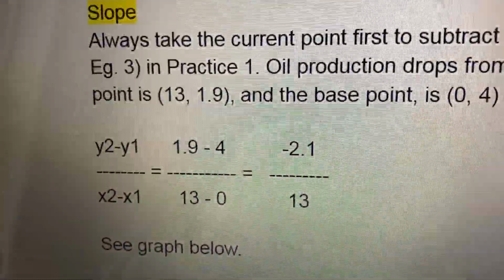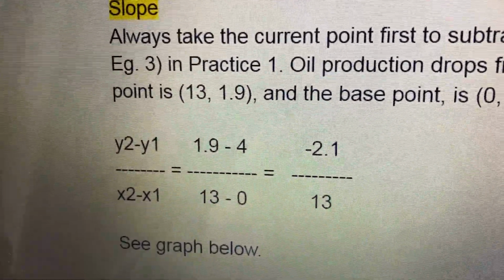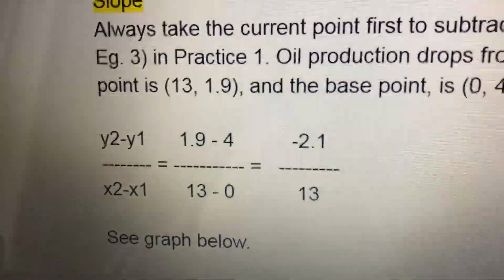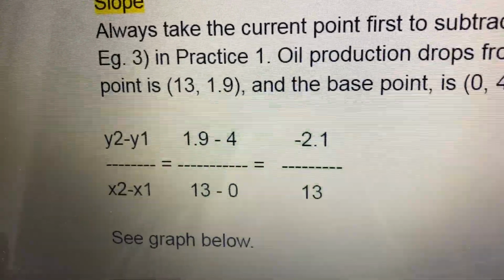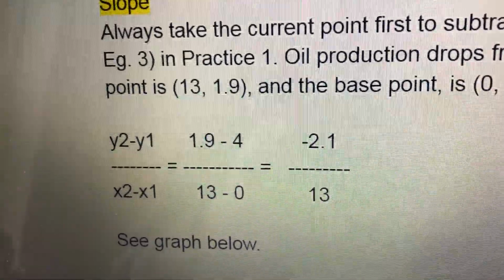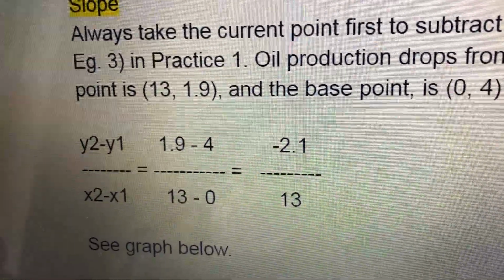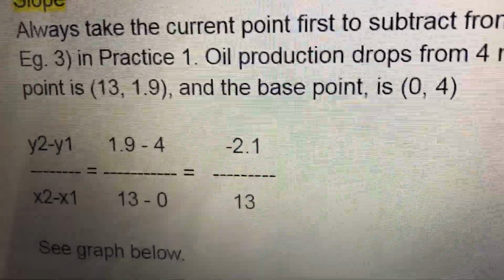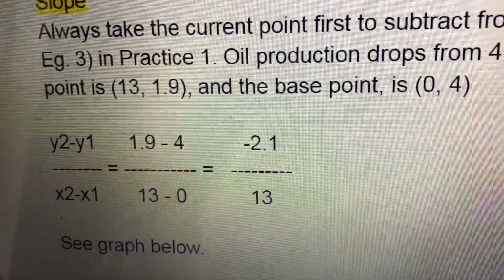So if you take the current point to subtract from, the top is y2 minus y1, which is 1.9 minus 4. The x2 minus x1 at the bottom is 13 minus 0. So this automatically gives you a negative slope, telling you that in 13 years it drops by 2.1.